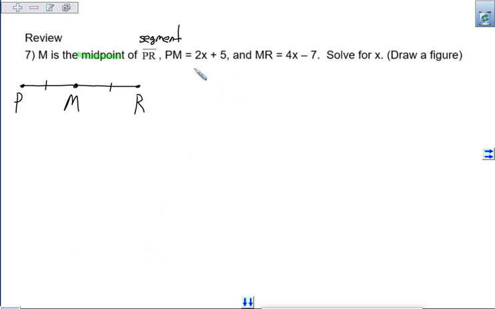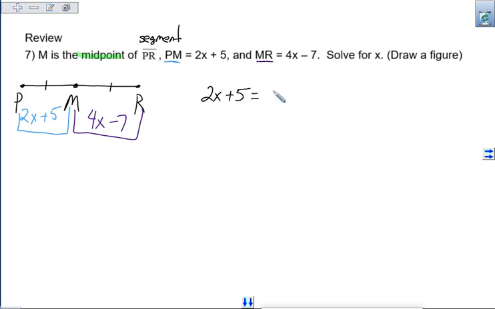And we know that PM is 2x plus 5, and that MR is 4x minus 7. So how would we set this up? We'd set them equal because the two parts are equal because we have a midpoint.